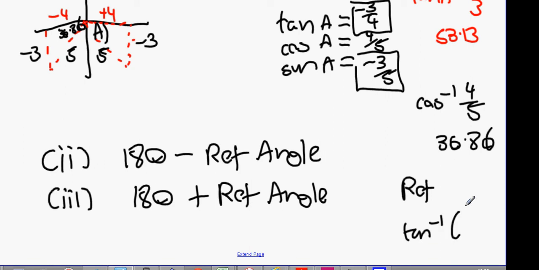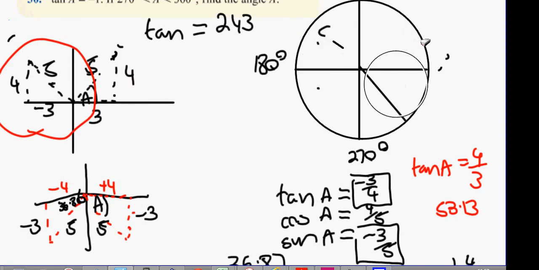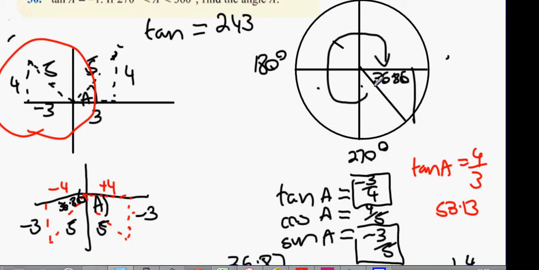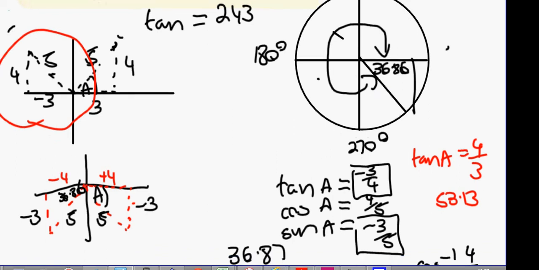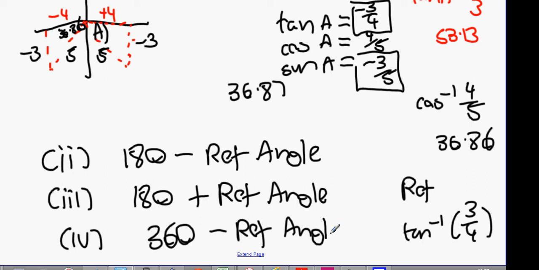You're always looking for the reference angle. 36.87, yeah? Now guys, this angle here is 36.86. What is this angle going to be then? Anybody? 360 minus your reference angle. That is where we get the fourth quadrant rule of 360 minus our reference angle. Okay guys.